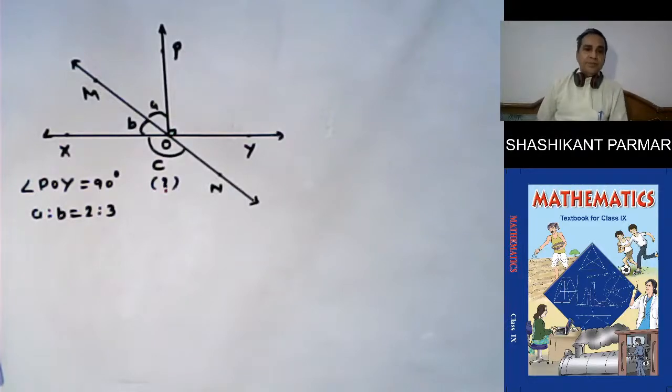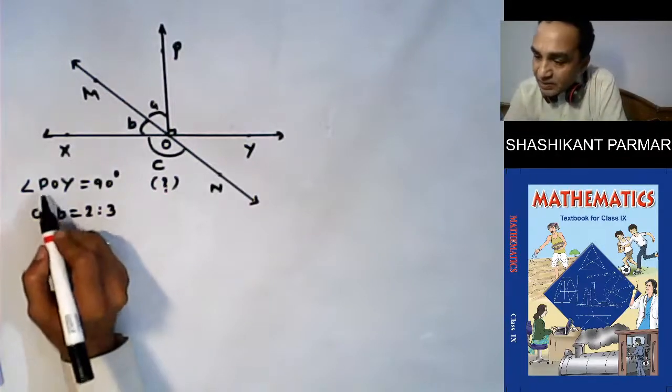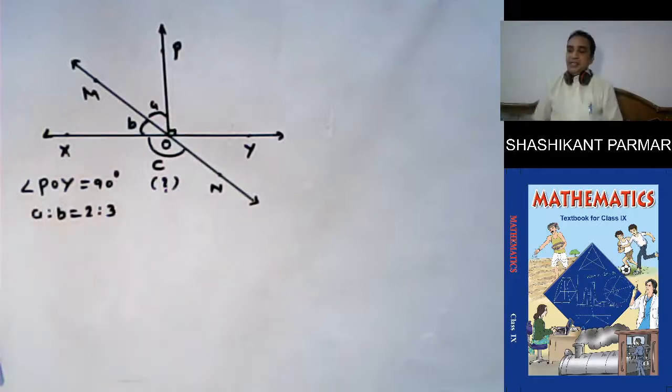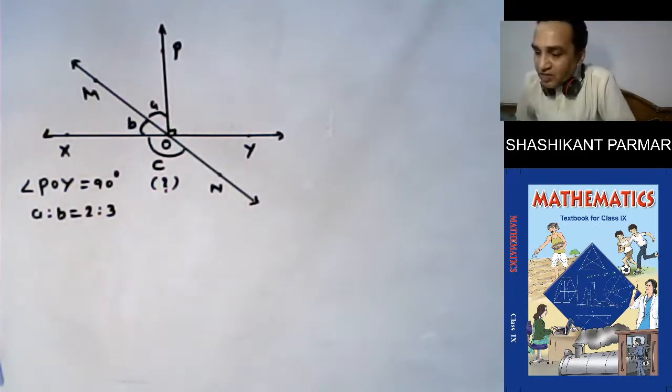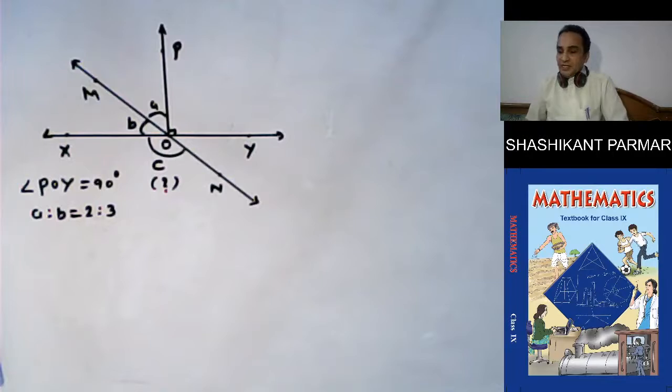Okay, now ready. So two lines MN and XY intersect at the point O. POY is given as 90 degrees. The ratio of A and B is 2/3. Then find out C.